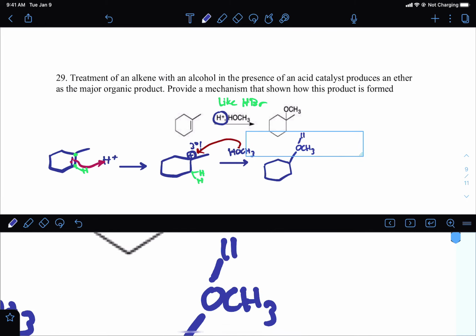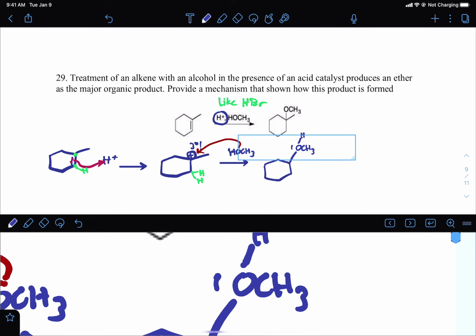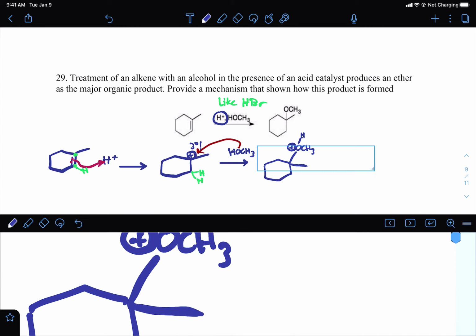It's important because that's going to give the O a positive charge. The O has 3 bonds now, and then we've got our methyl there.